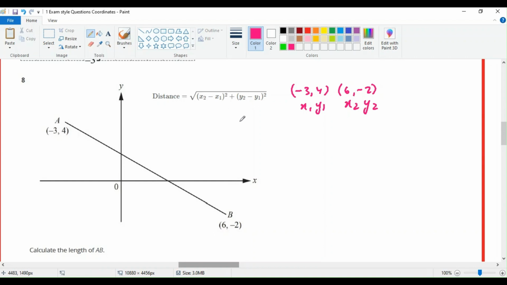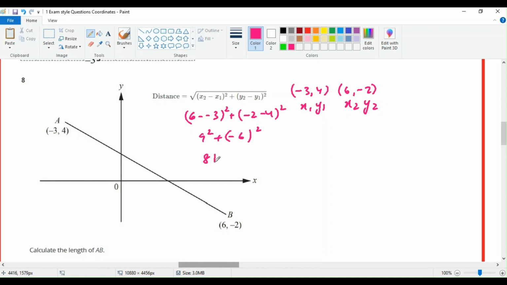The formula says x2 minus x1. That means 6 minus -3, 6 minus -3 whole square. Then comes y2. Y2 is -2, minus 4, square. This means 6 plus 3 is 9 square, and this is giving us -6 whole square.